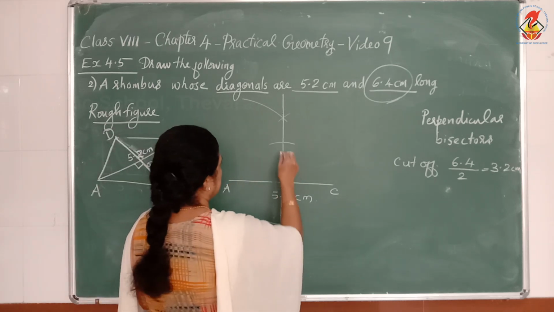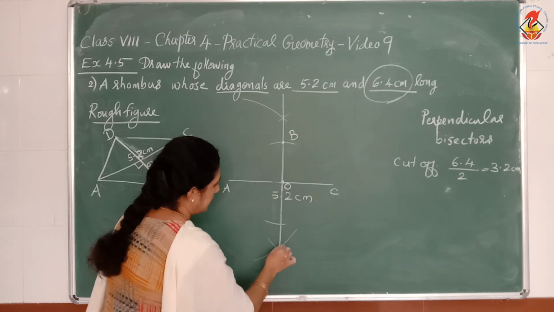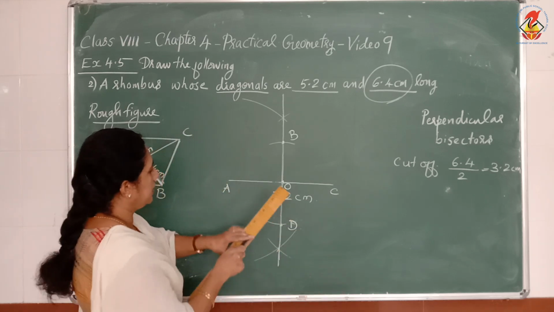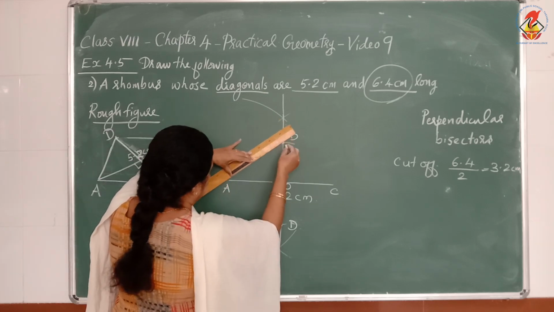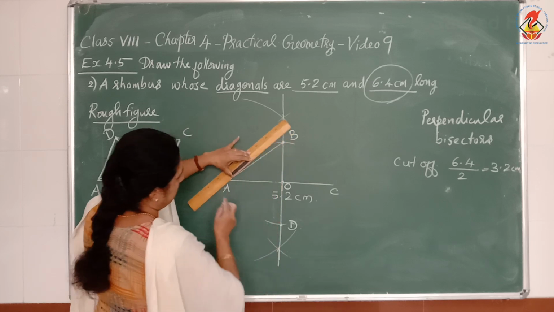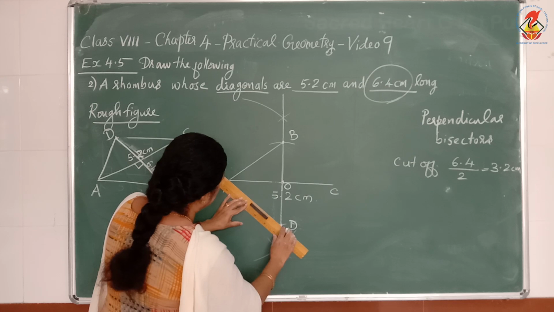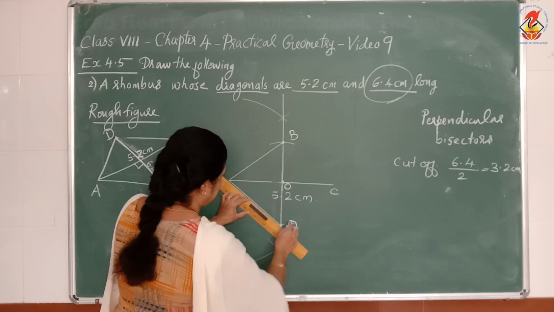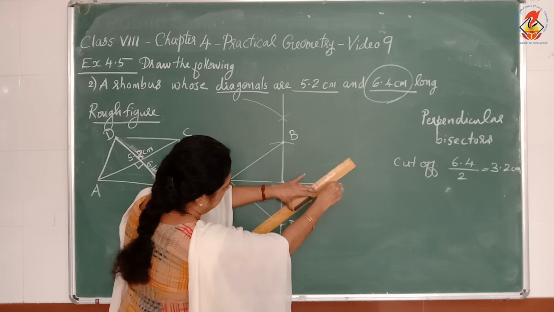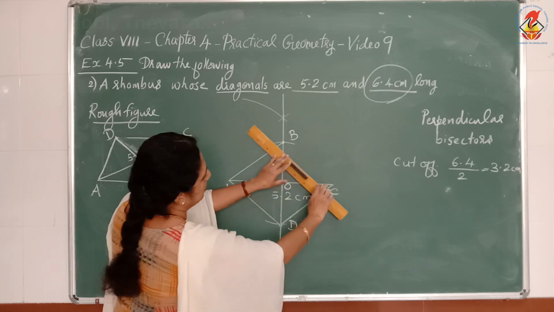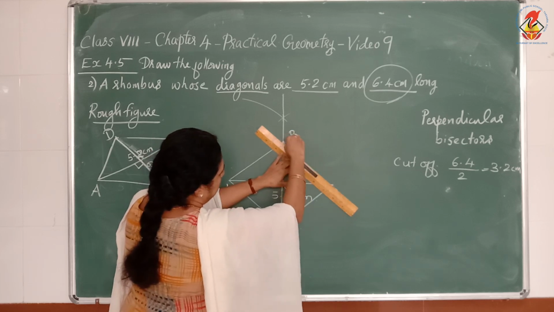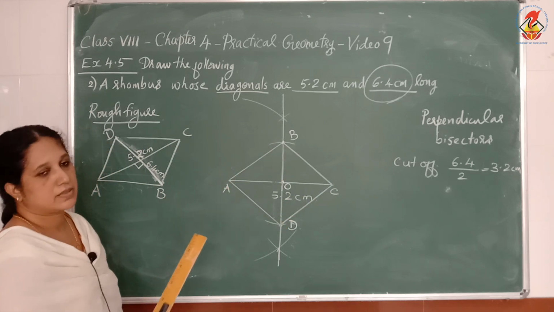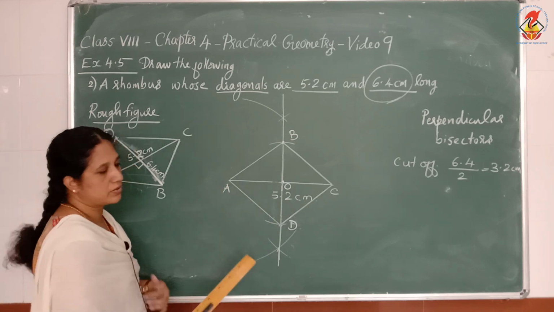Now you can take these points as B and D. Then join A and B, then A and D, C and D, then B and C. Then ABCD is the required rhombus.